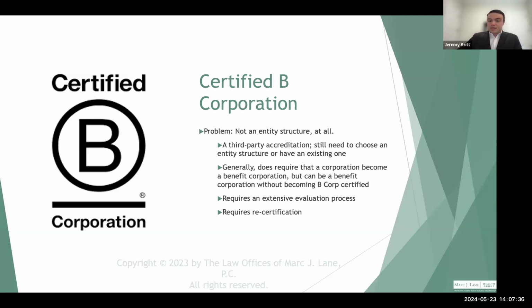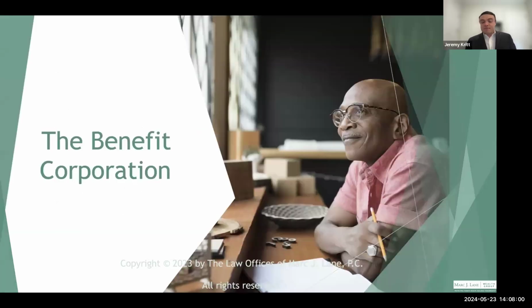You take a third party's evaluation, and if you meet certain criteria, they will certify you as a B corporation. But it is not a starting point. Generally, you do need to become a benefit corporation to get B Corp certified, but you still must start off with a legal entity.